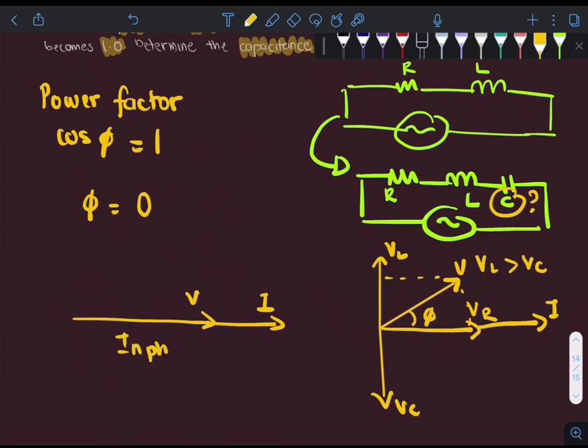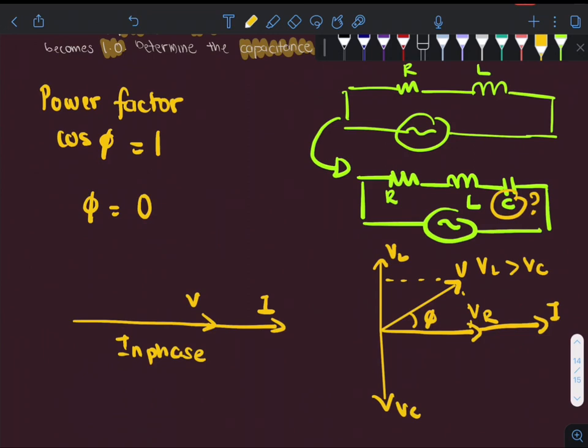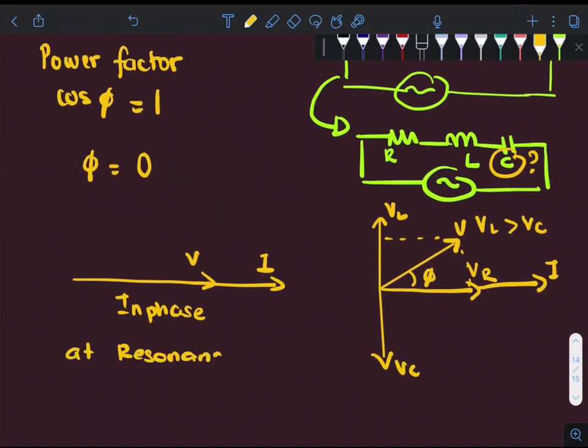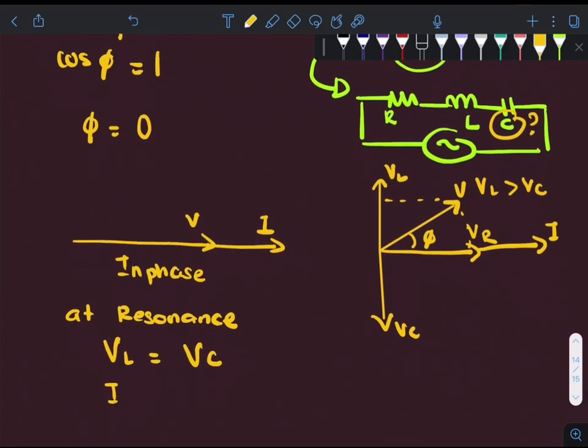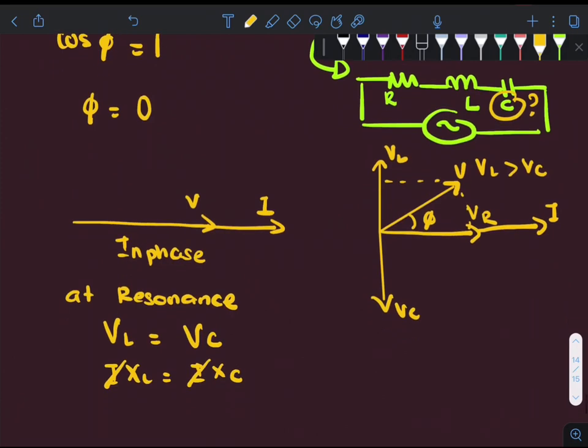They must be in phase, which indirectly also gives us information such as, when you have an RCL circuit and you have your phi as 0 or cos phi as 1 here, this is the case of resonance, which means the circuit is at resonance, which means our VL here is equal to VC, where VL is I XL and VC is I XC, and the same current passes through the component.